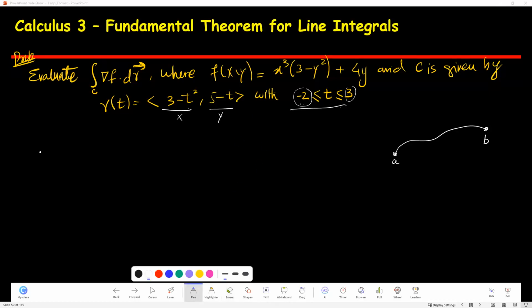But let's solve this problem with line integral. So I'm going to say solution. r minus 2. See, I take the r(t) and substitute the value here, pretty much the same way as earlier I used the given coordinate x and y. So I'm going to substitute here.